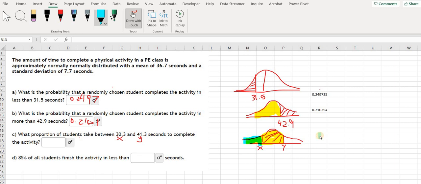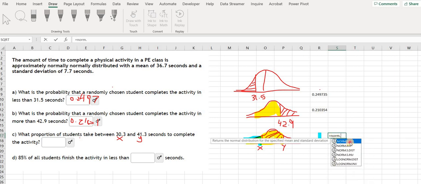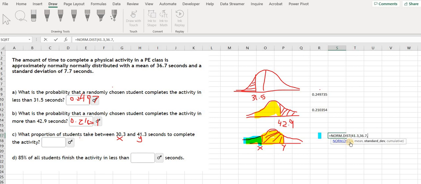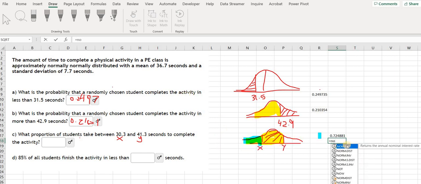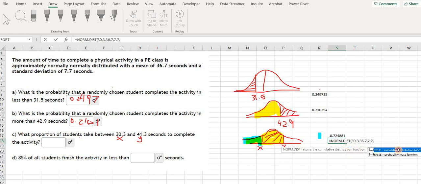First I'm going to find the area to the left of Y. So equals norm dot distribution of 41.3, comma, the mean 36.7, comma, standard deviation 7.7, comma, true. And then I'm going to find the area to the left of the smaller number, 30.3, which is X. So norm dot distribution of 30.3, comma, the mean 36.7, comma, standard deviation 7.7, comma, true.